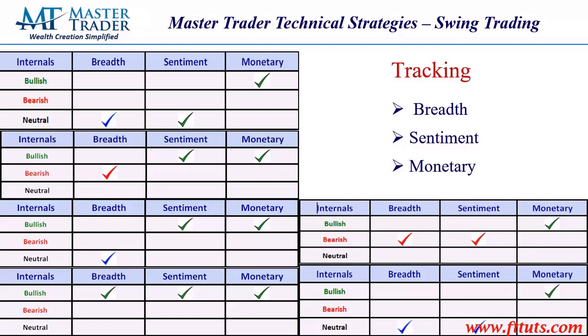I manually do it, and it's just part of the exercise that keeps me objective and monitoring what's happening: is there alignment between breadth and sentiment? Is monetary bullish or is it bearish? And that's not going to change too often. But is sentiment bullish, bearish, or neutral? Is breadth bullish, bearish, or neutral? Is it turning? Are they all in agreement or in disagreement, and so on?